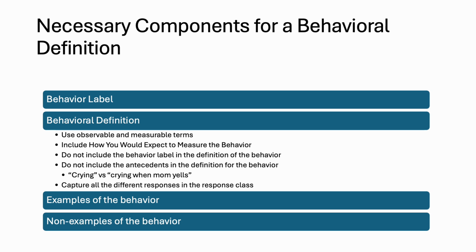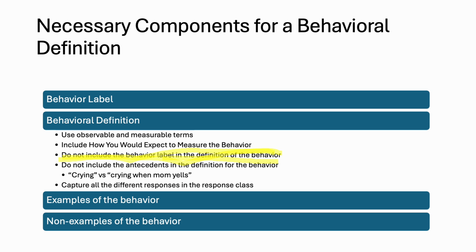You don't want to include the behavior label in the definition. I'm going to highlight these because these are really important. Do not include the behavioral label in the definition of the behavior. Oftentimes, I see definitions from students where they're attempting to define, let's say, eating.